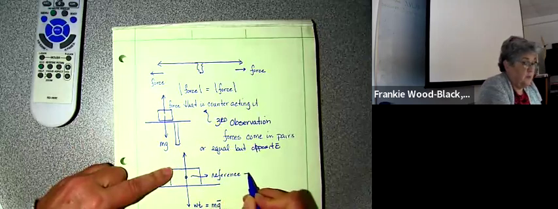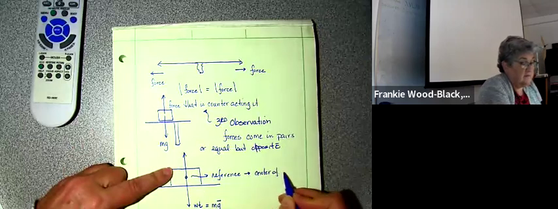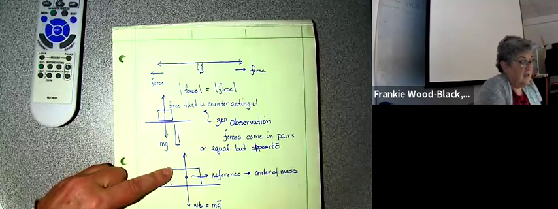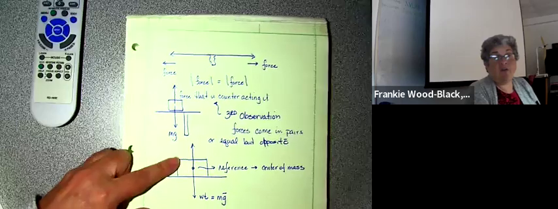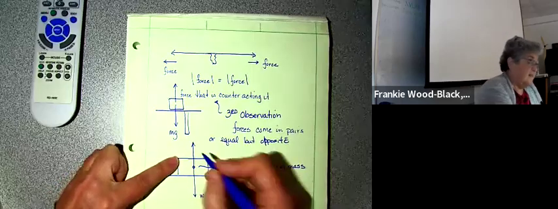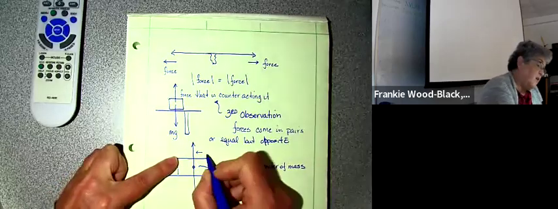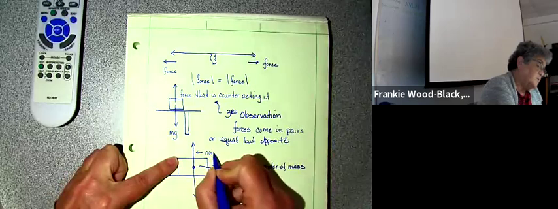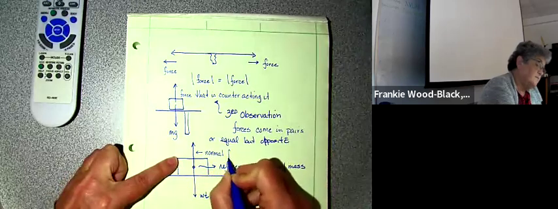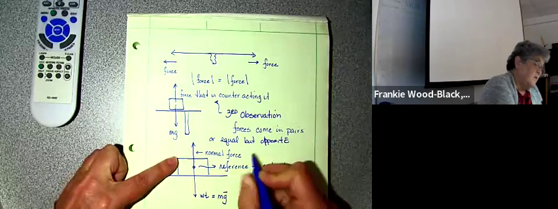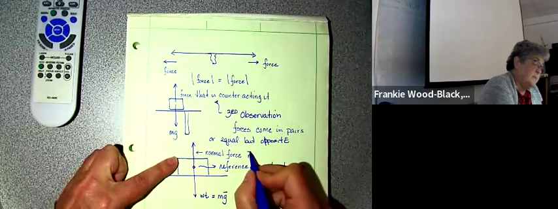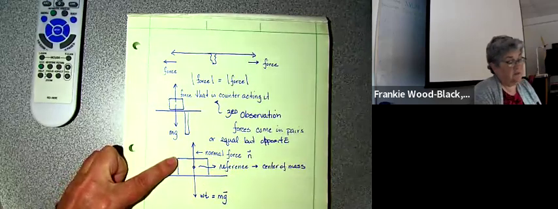That reference point is the center of mass, or we can think of all the mass working with it. And this we're going to call our normal force. We're going to use an N to represent that normal force.